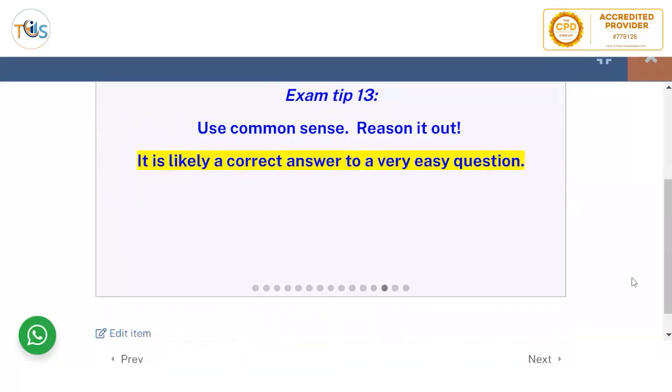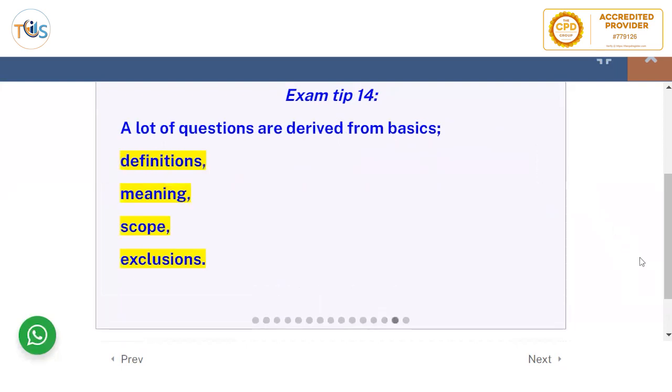Use your common sense, reason it out, and that is likely the correct answer to a very easy question. A lot of questions are derived from the basics because this exam is verifying you at the basic level, and it covers definitions, meaning, scope, and exclusion and inclusion.